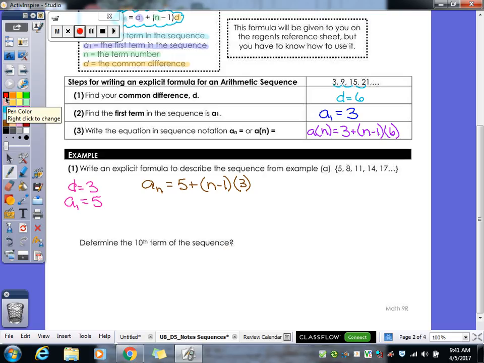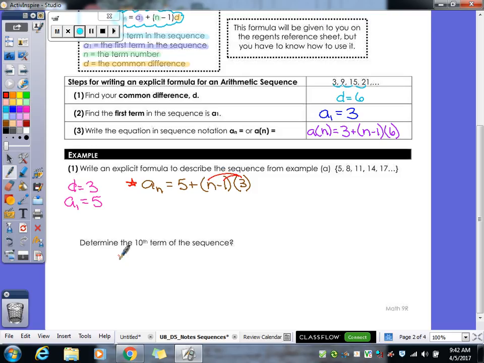Now this right here is a perfectly good way to write it. If this were a short answer question, you could leave it like that. The only unfortunate thing is a lot of times if it's multiple choice, they don't leave it in that way. They simplify it a little bit. So like this 3, they would distribute through the parentheses.